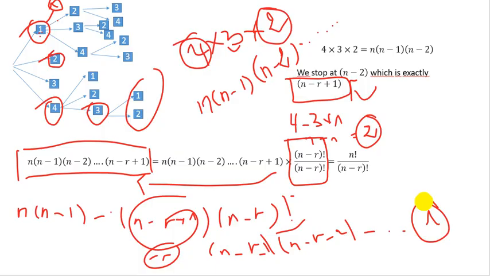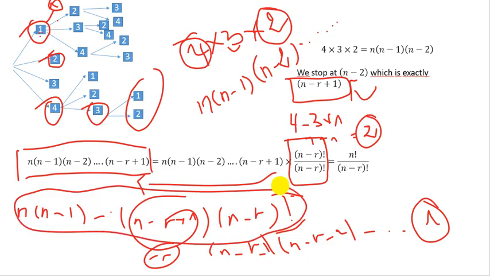So instead of this I can just write it like this, which is the same as n factorial divided by n minus r factorial. And this is our formula.